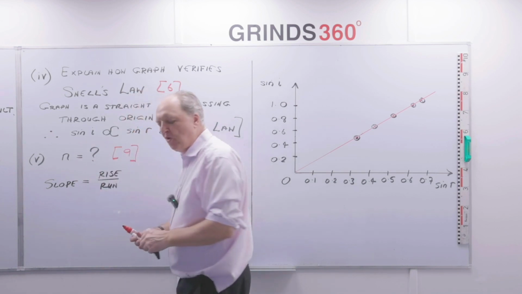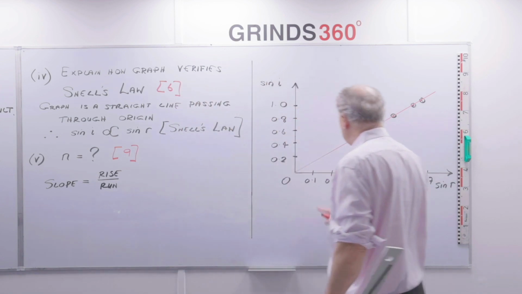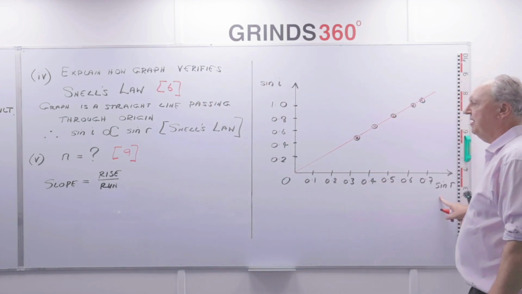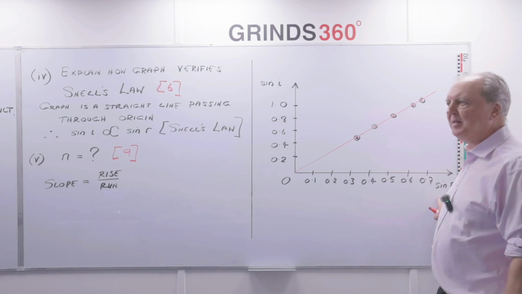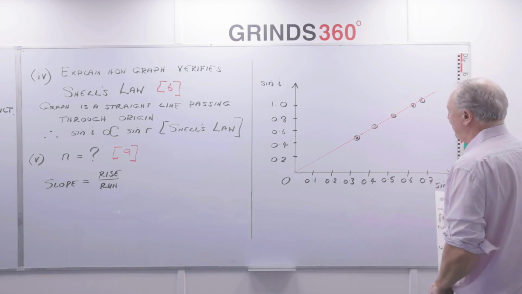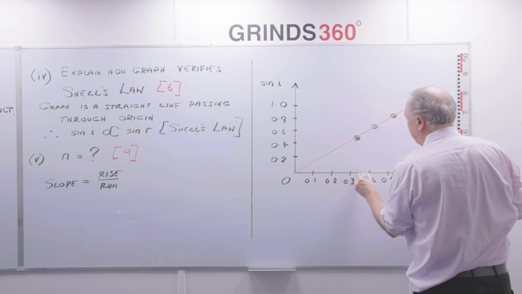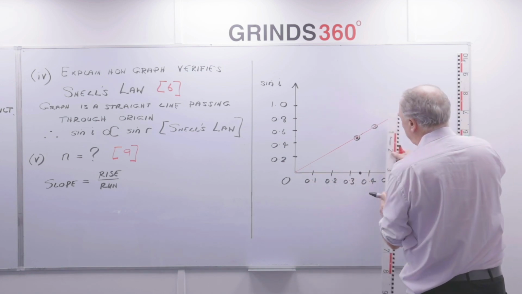Make sure you show the work very carefully on your graph. So I'm going to take a value from sin R. Actually, I don't want a value from the table, so I'm going to pick a value. I think a value like 0.35 will work nicely, which is halfway between 0.3 and 0.4.